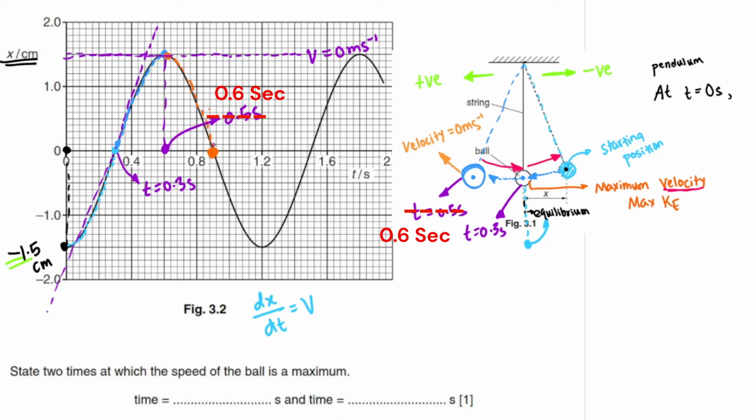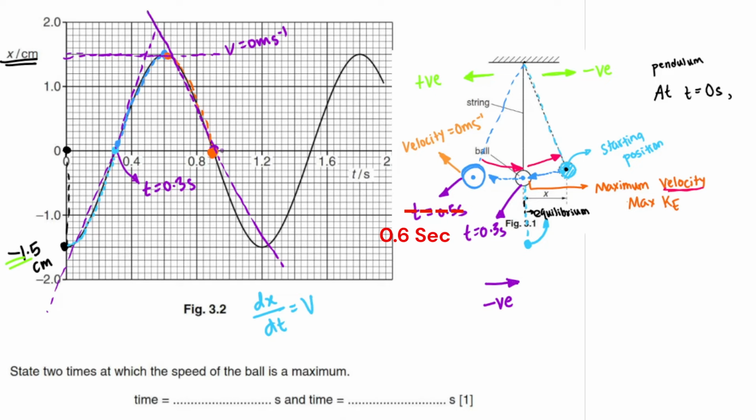Now, when the metal ball reaches equilibrium, it will again have maximum velocity, right? But what about the sign of the velocity? Well, since the object is moving towards the right now, we know that velocity will be negative. Now, how is that understood or represented in the displacement-time graph? To understand this, we have to draw another line that represents the gradient at the point where it reaches equilibrium.